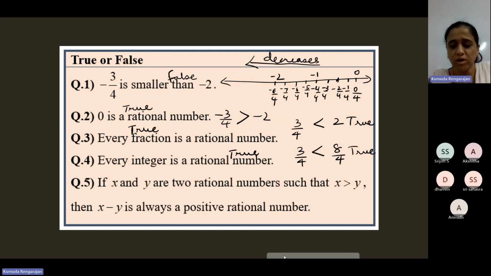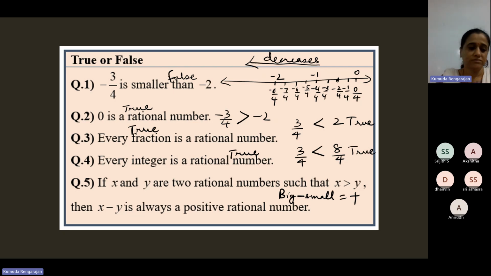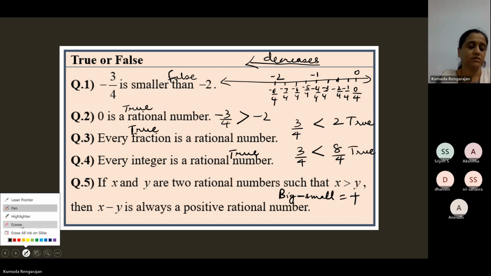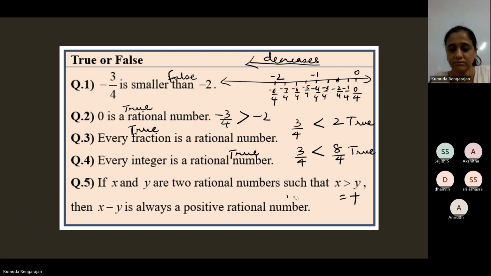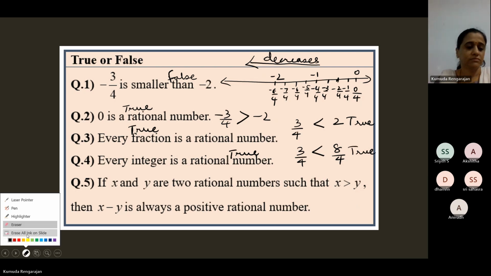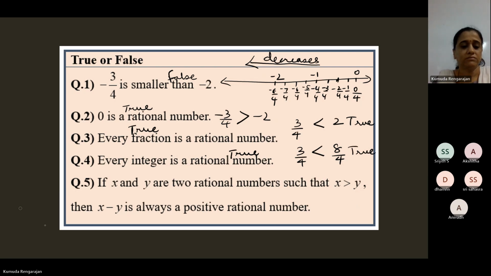A greater number minus a smaller number is always positive. If you write the bigger number first, you have two numbers. You write the bigger one first, and then you write the smaller number. So this difference will always be positive. It won't be negative. X and Y are two numbers.